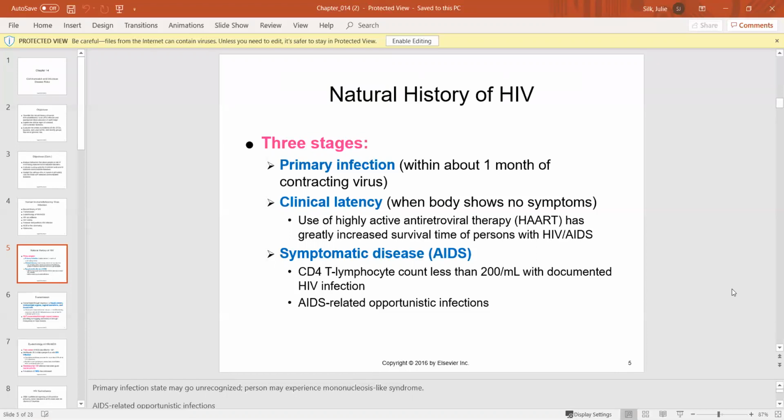So it's kind of like your immune system, basically, your CD4 cells. So what happens then with HIV is HIV attacks those cells, so you have less and less of those good CD4 cells to fight off any infection. So your immune system goes down dramatically when you have HIV.